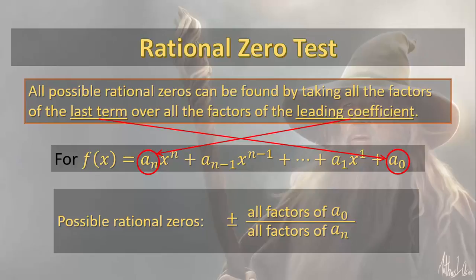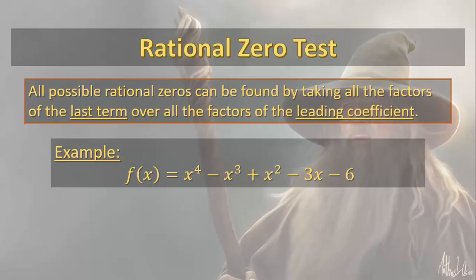So, let's put this in action. Let's say we have x to the 4th minus x to the 3rd plus x squared minus 3x minus 6. I have conveniently notated the last term and the first term. The last term is negative 6, and the first term, conveniently, is 1.